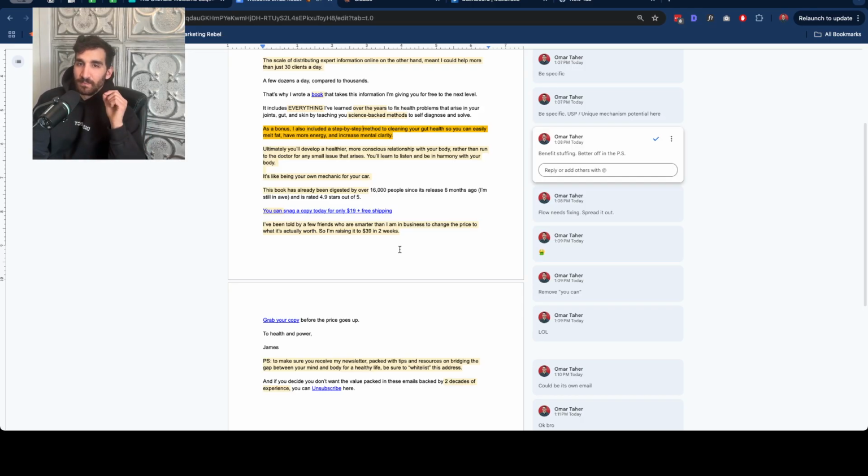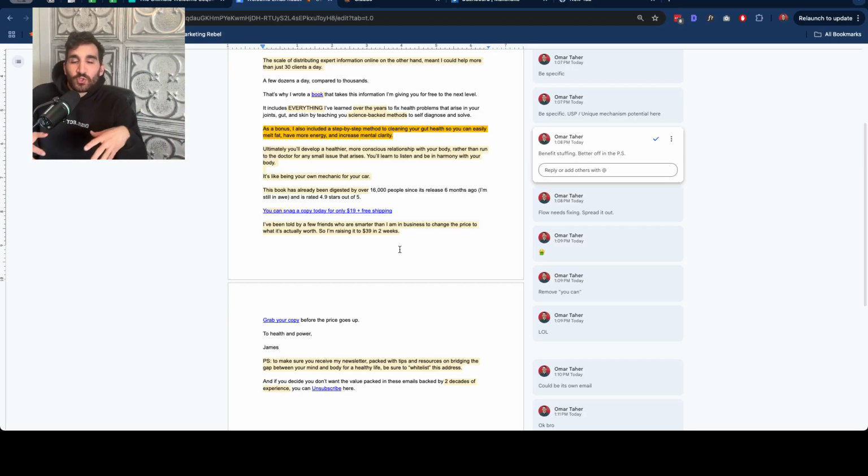I think it's more effective, and I have to relearn this a lot of the time, to be honest with you, because we're so excited to put all the things that make our product different, but it's better to focus on one benefit, one key benefit, one big idea, one solution that you provide, one problem that you solve versus stuffing, right?